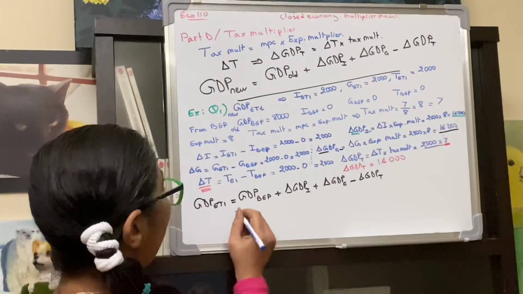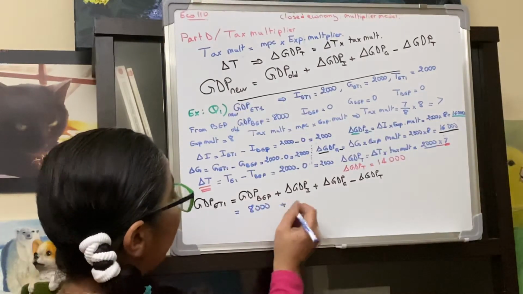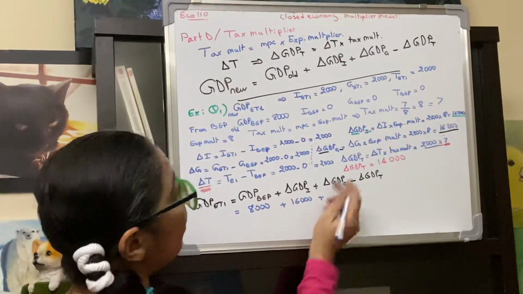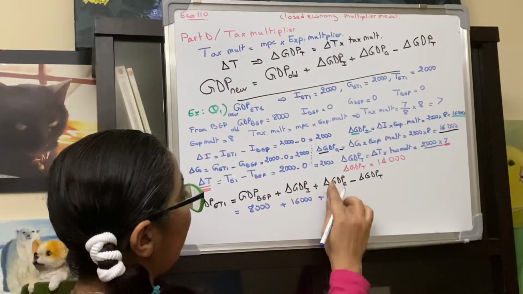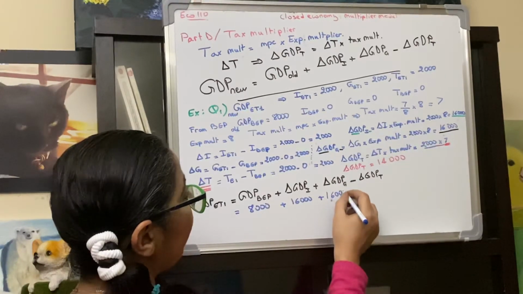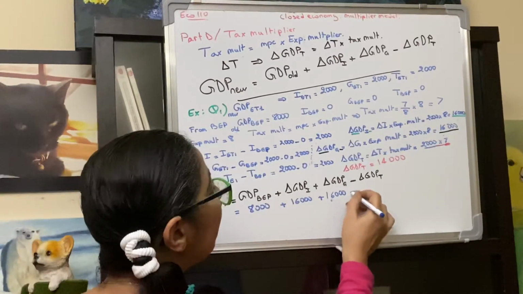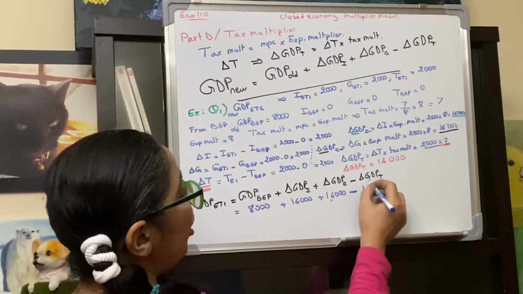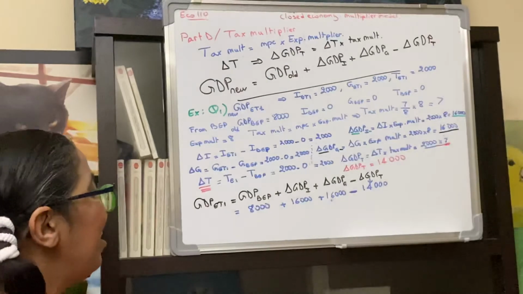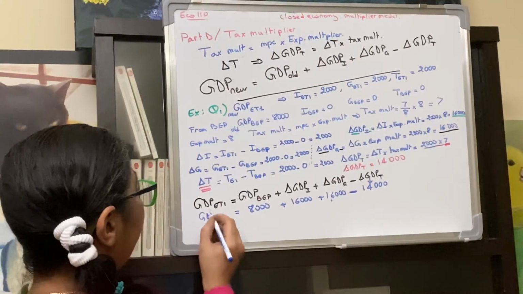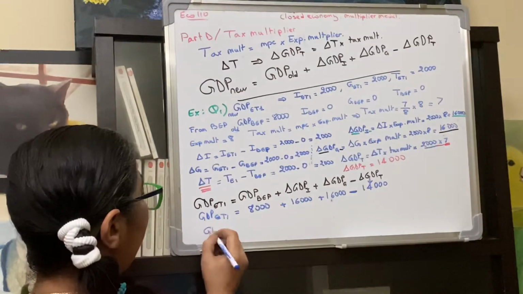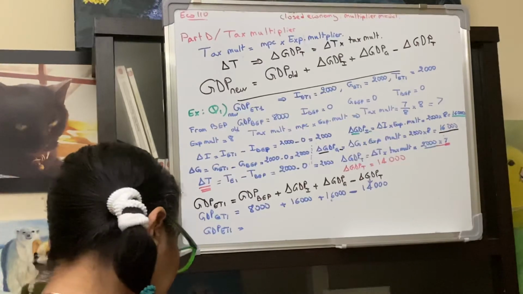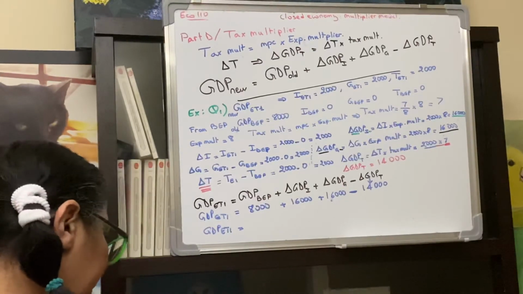So here it's going to be equal to 8,000 plus 16,000, which is delta GDP I, plus 16,000, which is delta GDP G, minus 14,000, which is your delta GDP T. Okay? So GDP at ET1 is equal to, and I calculated it already, 26,000.